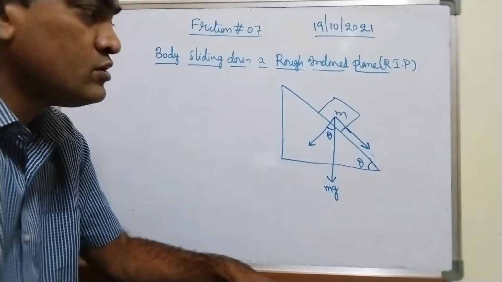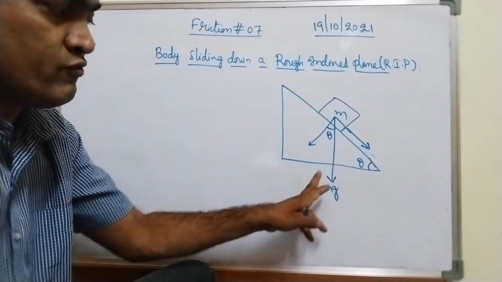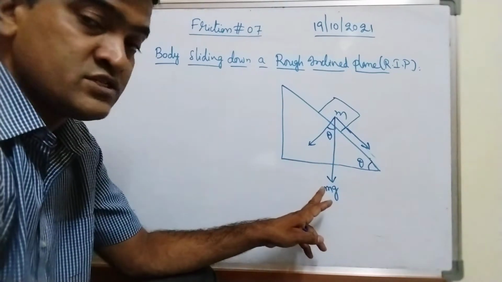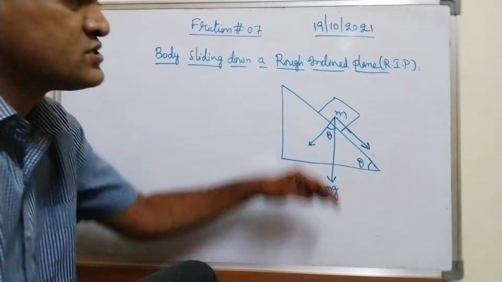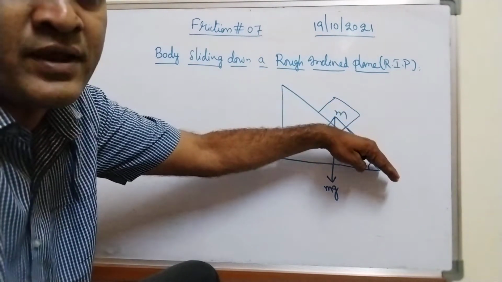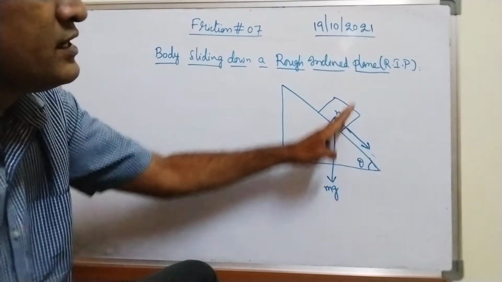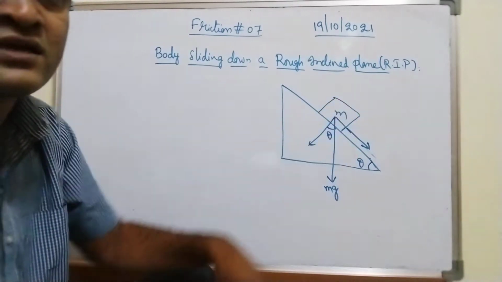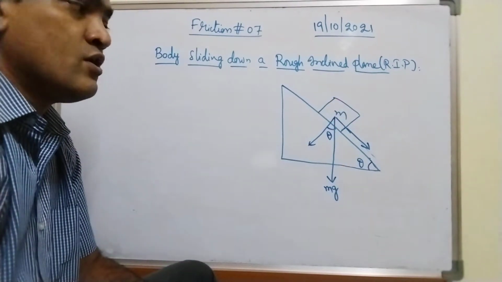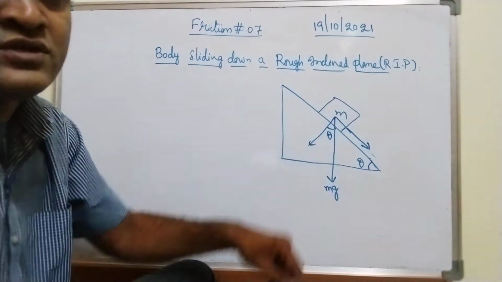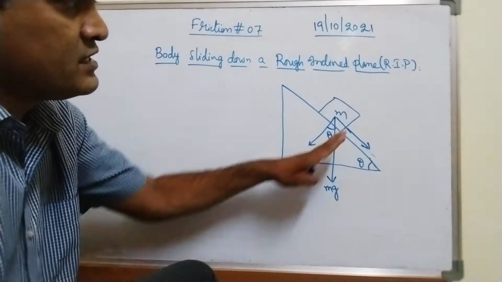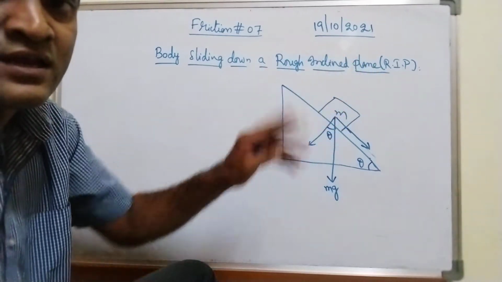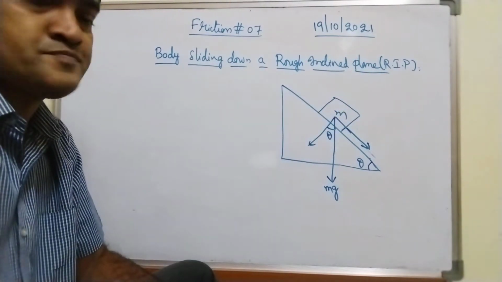Fine. So this weight, which is a vector quantity, mg, is resolved into two rectangular components, one along or parallel to the inclined plane, and the other perpendicular to the inclined plane. Along the inclined plane I will consider as x-axis, and perpendicular to the inclined plane as y-axis.